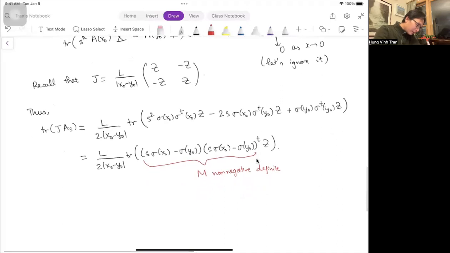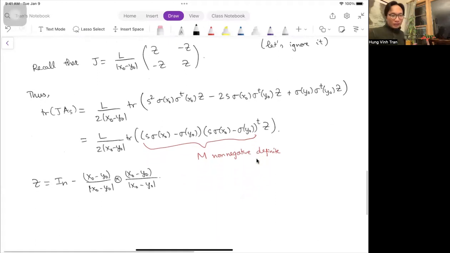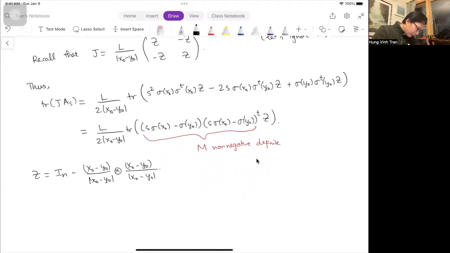And let's recall what is Z. Z equals the identity matrix minus X naught minus Y naught over its length, tensor with X naught minus Y naught over its length. That's Z. So it's clear, but let's just do an easy computation.